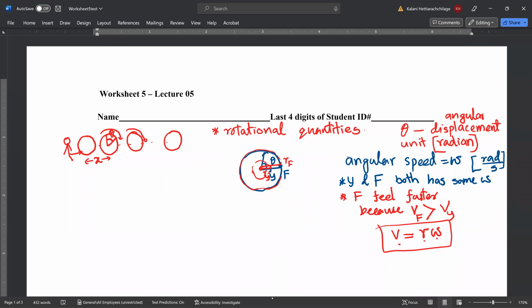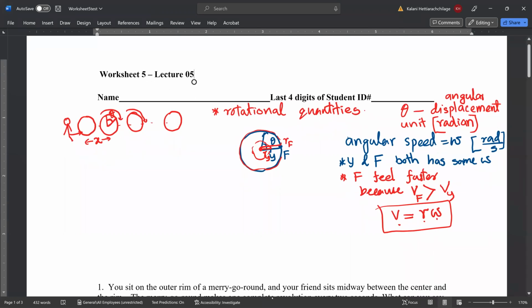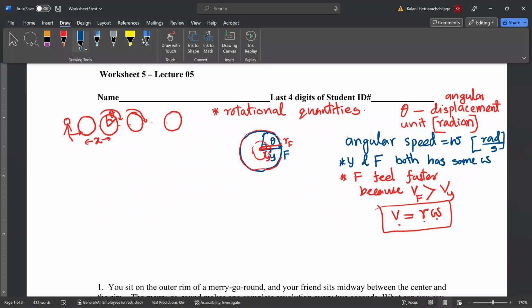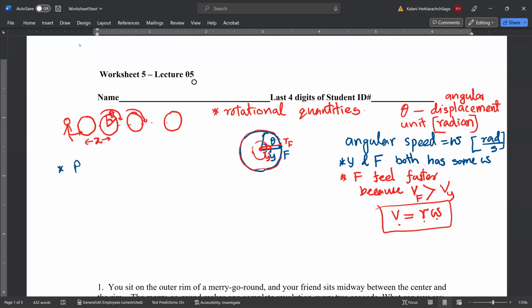When R is greater, you move faster. When R is smaller, you move slower. That's one of the most important parts that I discuss in the rotational chapter for you, because it's very important that you understand that. And in addition to that, definitely we discuss rotational force.